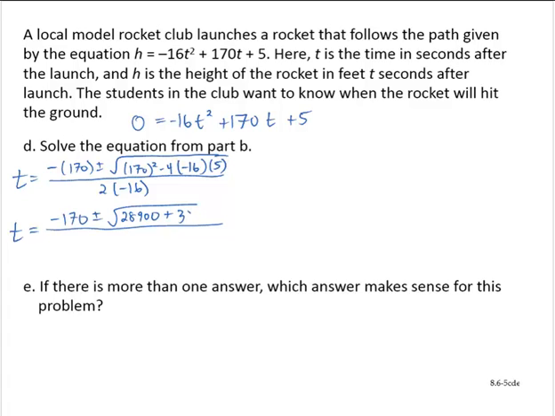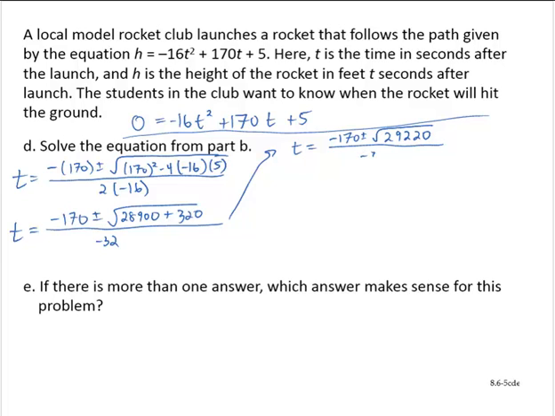So plus 320, and 2 times negative 16 is negative 32. So then t is equal to negative 170 plus or minus the square root of 28,900 plus 320, which is 29,220, and that's all over negative 32.